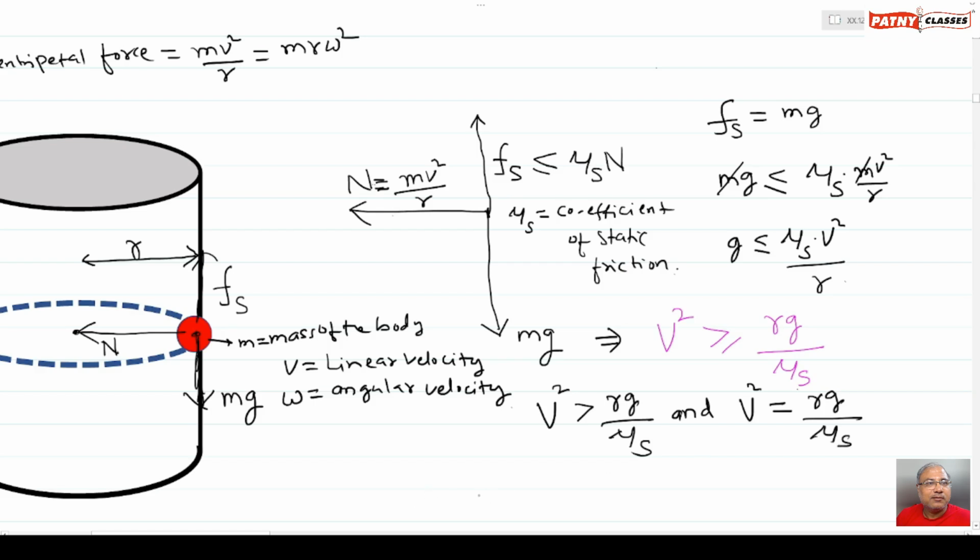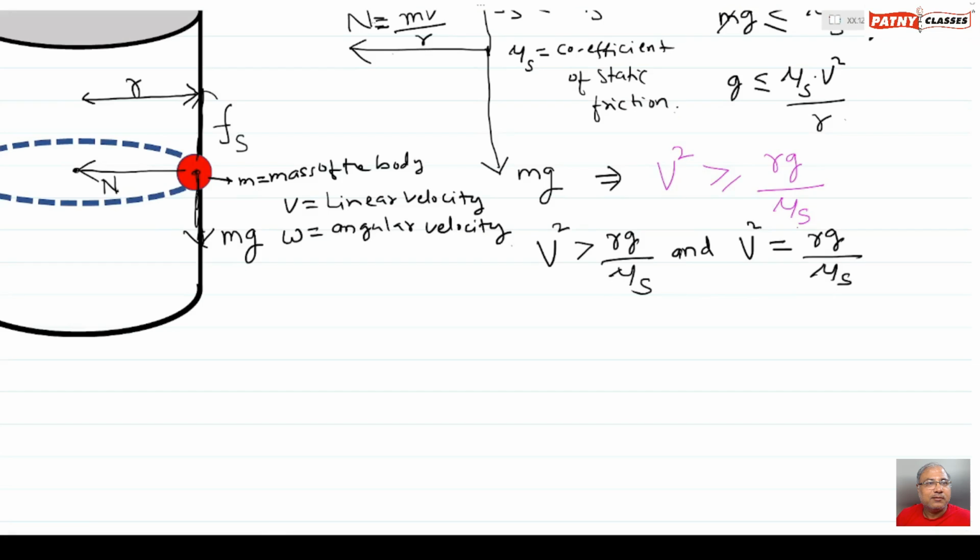The linear velocity of the object performing its circular motion in the well of death cannot be less than this value. If it is less than this value, the vehicle will fall down. It will not perform the racing in the well of death. Therefore, this is the minimum velocity of the object performing circular motion in the well of death.